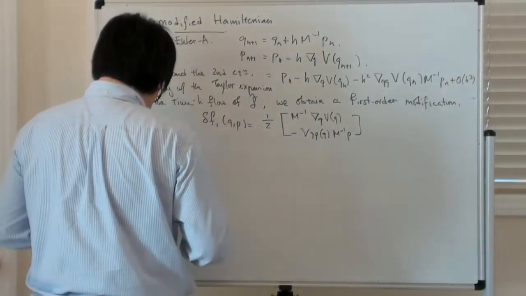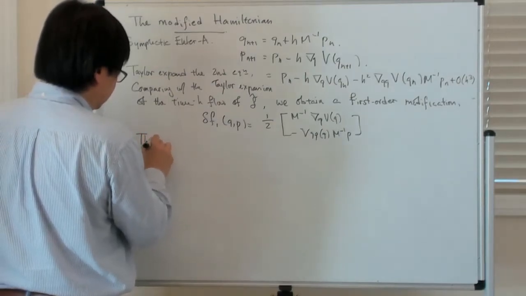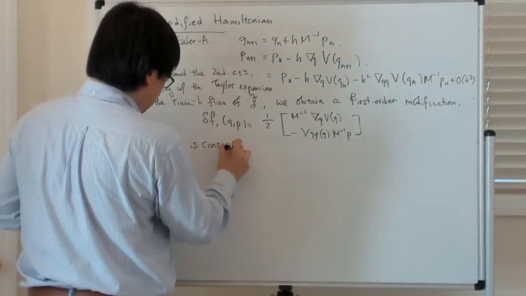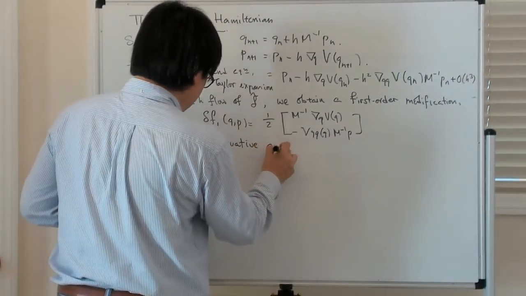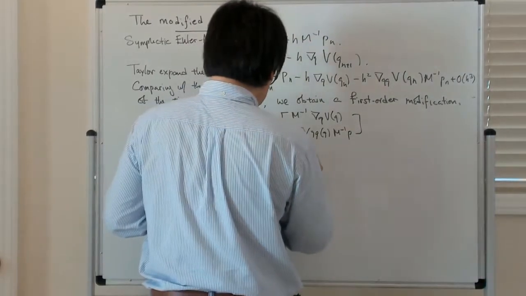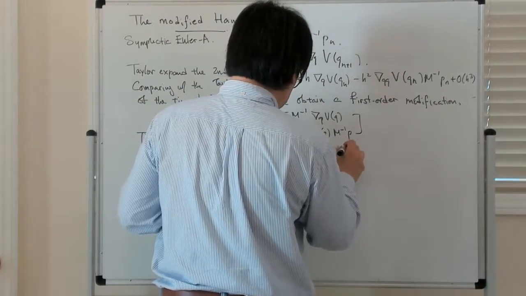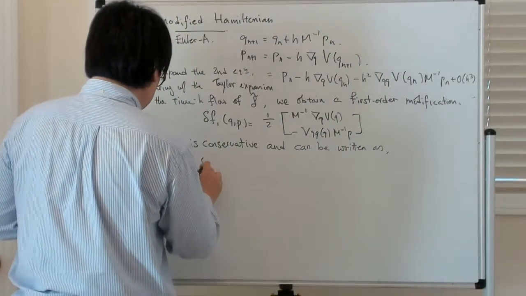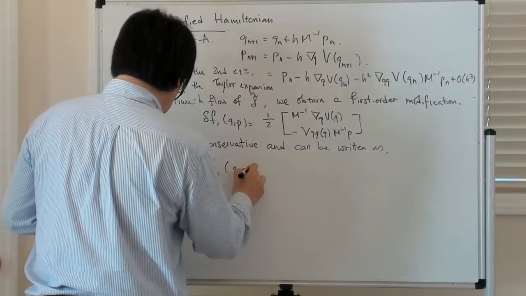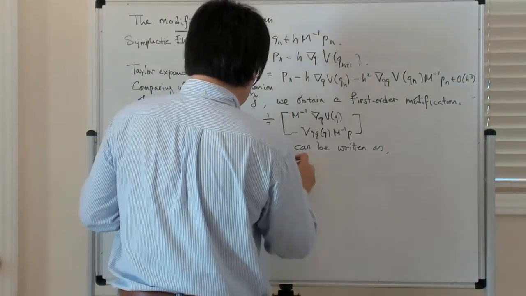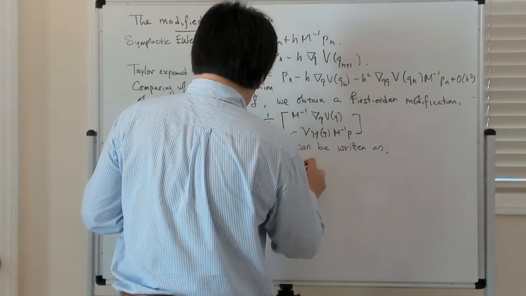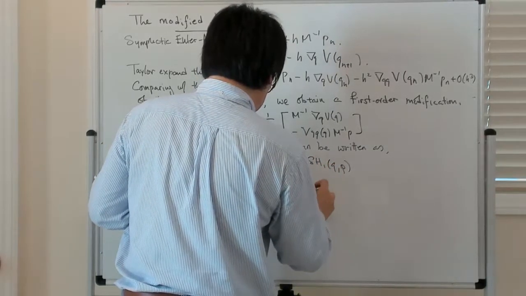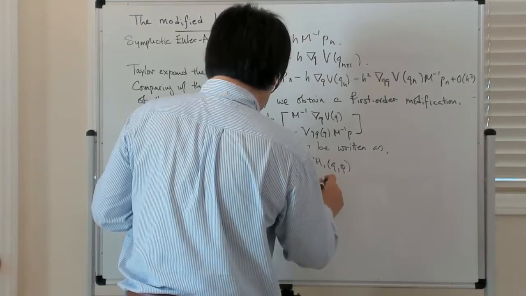So this term is conservative, and can be written as the following: delta F1 of (q,p) is equal to the gradient with respect to p of delta H1 and minus the gradient with respect to q of delta H1.